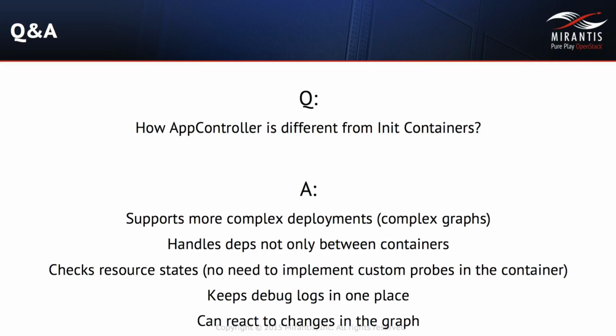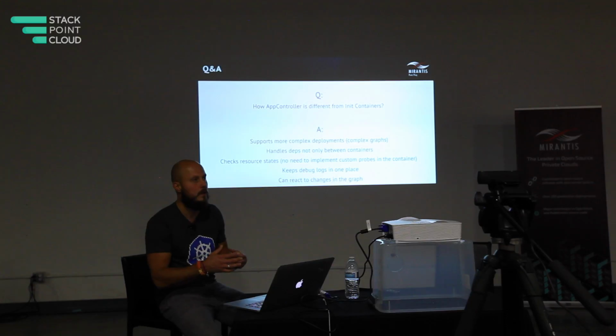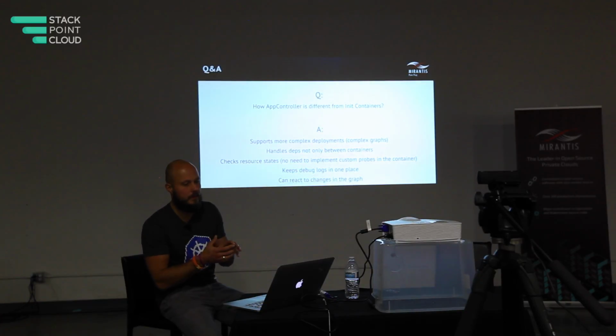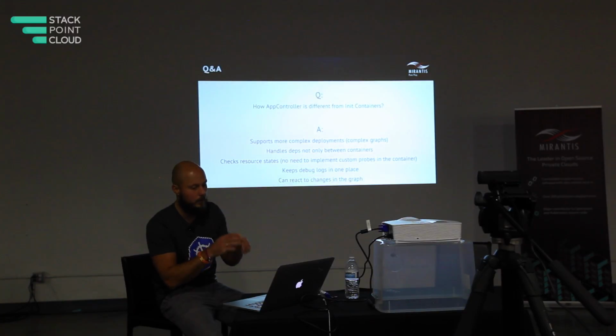One question that some of you might be asking: we've got init containers, so why do we need AppController? Init containers are another attempt to handle initialization of containers better and to do some preliminary steps before you start a container. For example, you can use init containers to prepare a volume that you can further expose to the app container.